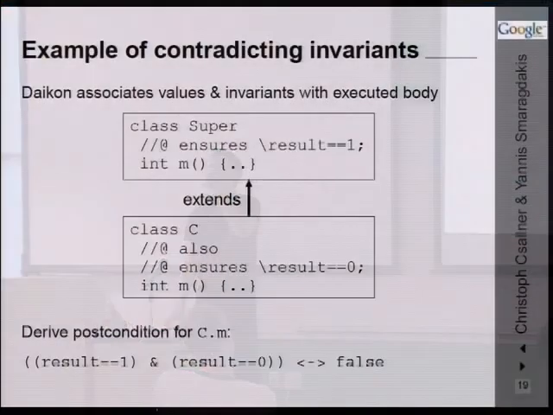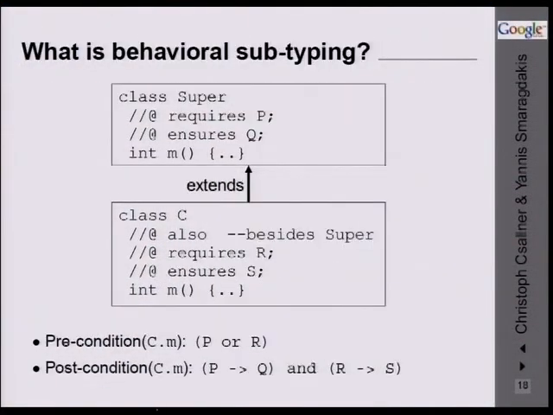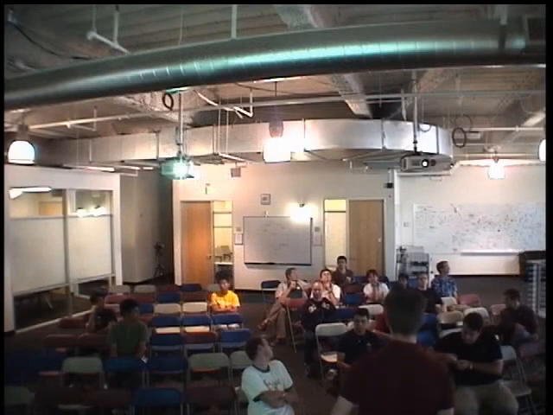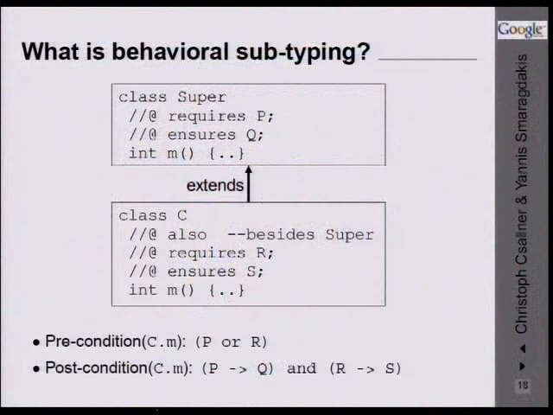Can you go back to the behavioral subtyping definition? So is this the definition of behavioral subtyping that JML and ESC/Java use? Yeah. Daikon doesn't know anything about this when it's generating invariants.